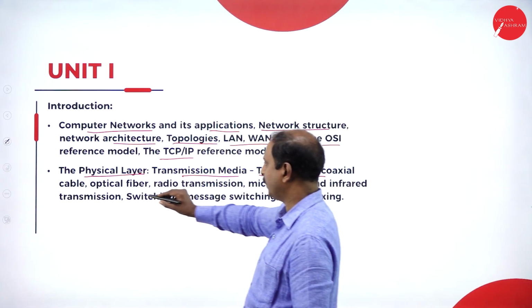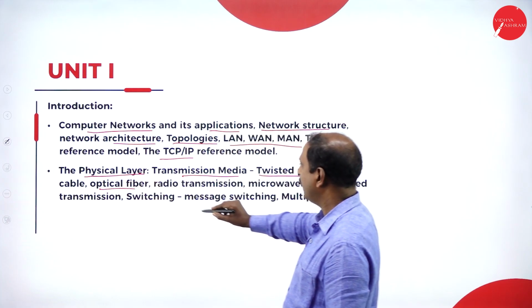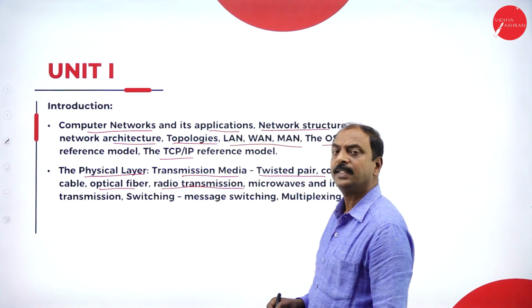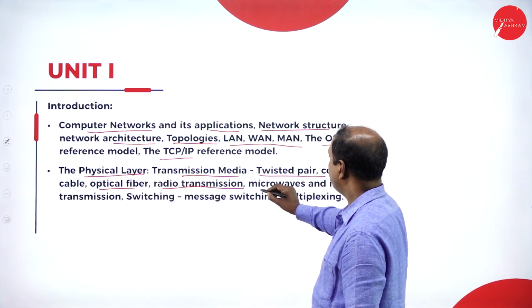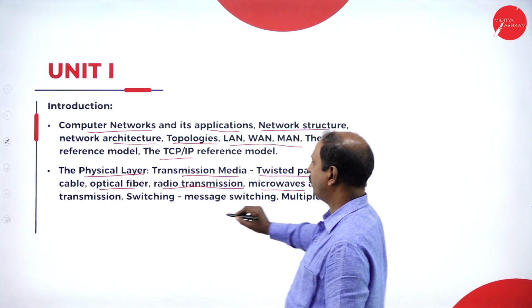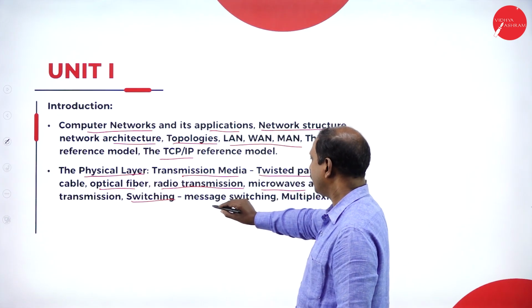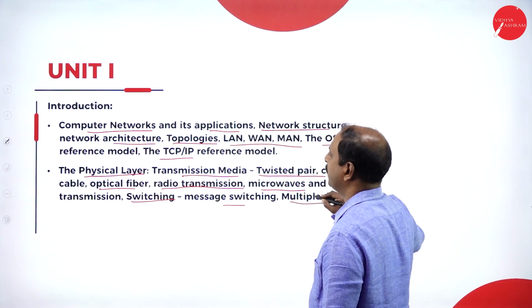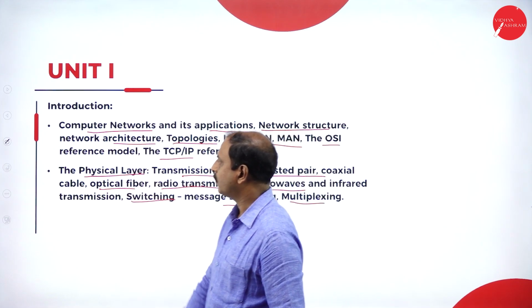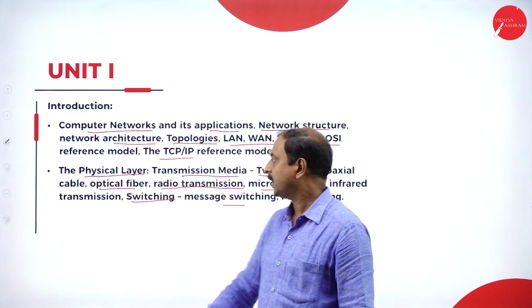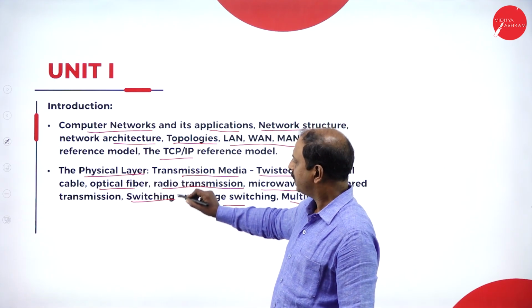There are coaxial cable and optical fiber, and apart from this, we talk about wireless communication with different technologies like microwave and infrared, and switching technologies like message switching and multiplexing. These are all the different topics to be covered in chapter 2, that is physical layer.